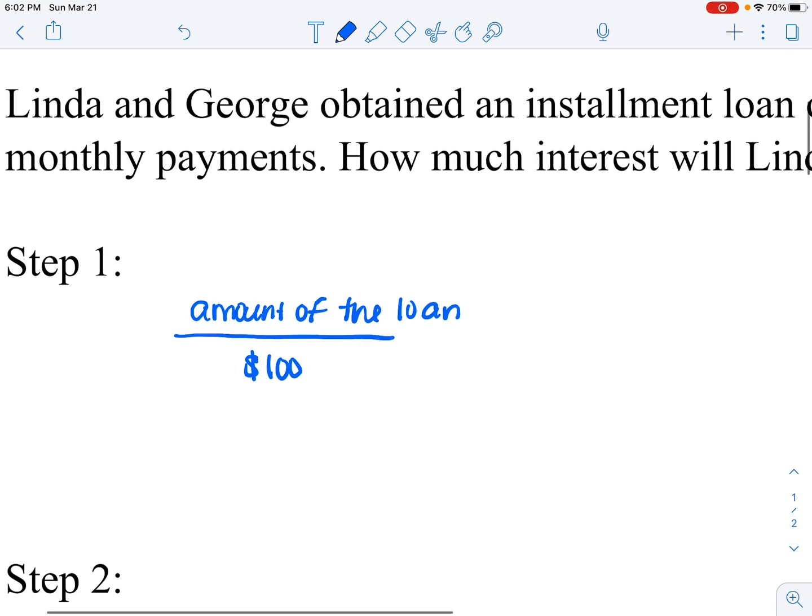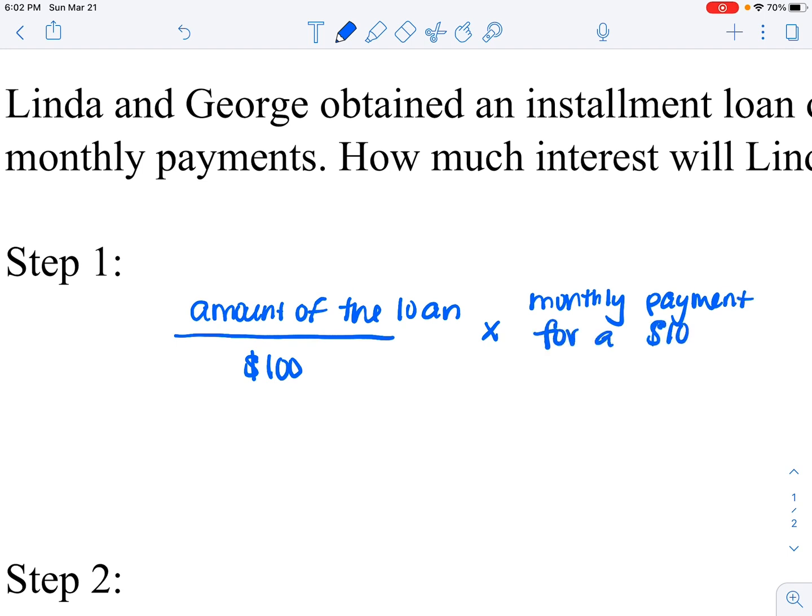And then we take whatever we get after dividing and we multiply it by a number that we are actually not given in the problem. It's the monthly payment for a $100 loan. And this number is something that we are going to get using our chart.